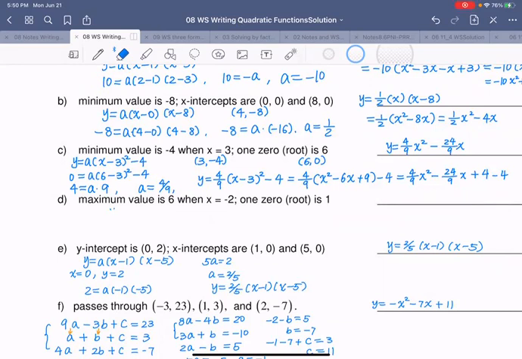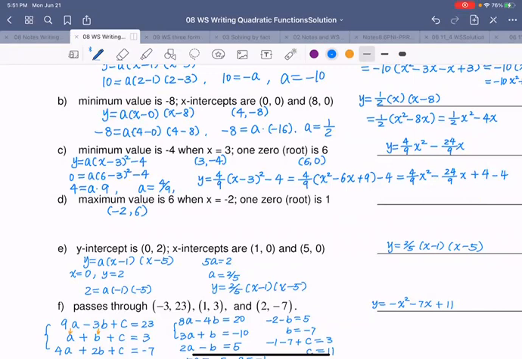Charles, let's do the D. Who is the vertex? The vertex is (-2, 6).